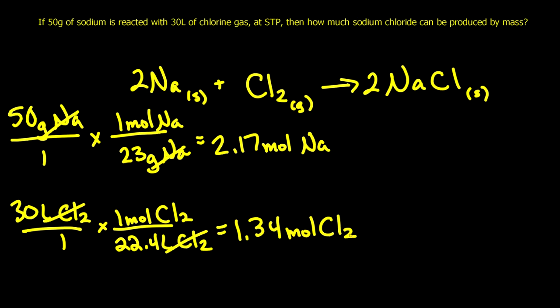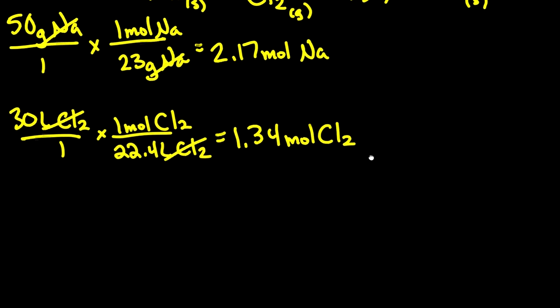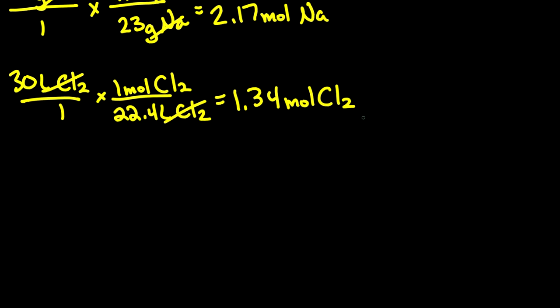Now we got to set up our dimensional analysis to figure out how much of one reactant do I need to completely react the other reactant, or to say how much chlorine gas will I need to fully react sodium. Let's do that. Let's slide down a little bit so I got room to work.